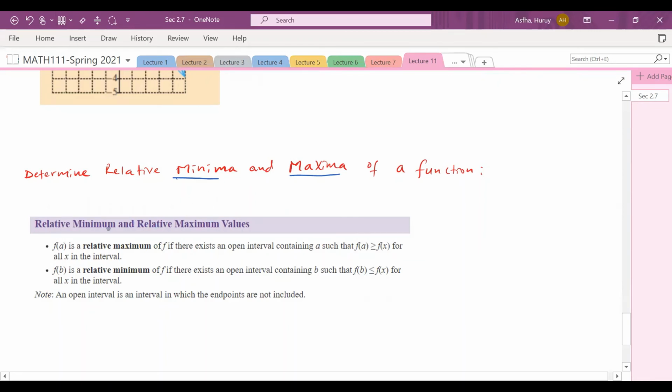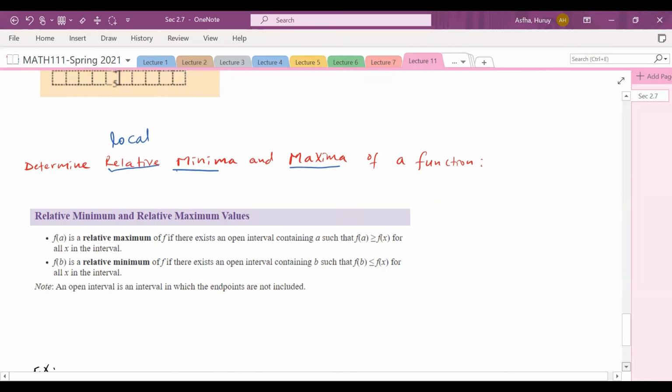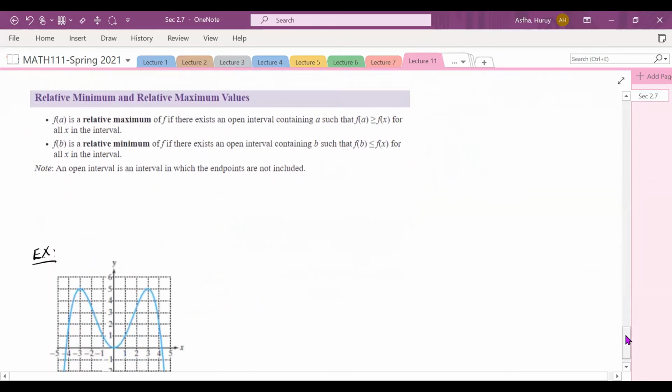Minima is the plural of minimum, and maxima is the plural of maximum, because we can have many minimum values, so we use the plural term. Sometimes we use local minima or local maxima, but since our book uses the term relative, I will still stick with relative.